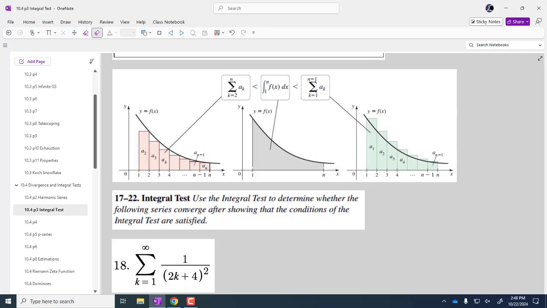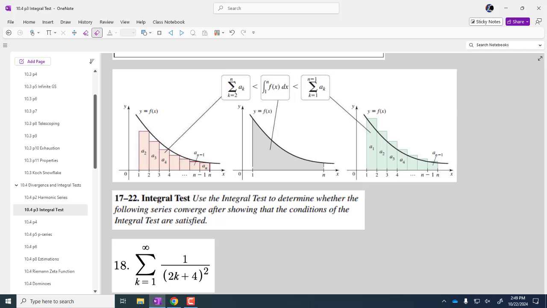So we are going to look at these rectangles that are underneath the curve from 1 to n. If we add up these rectangles from this x value of 1 to this x value of n, how many rectangles are there? N minus 1, right?